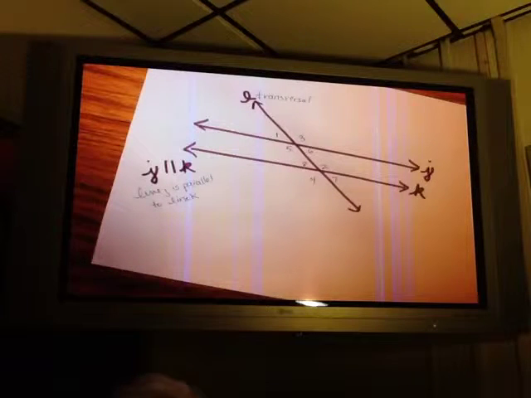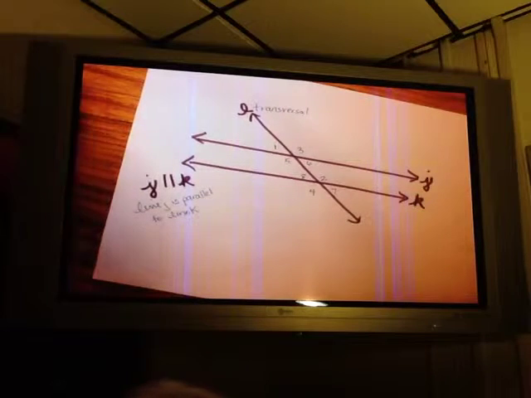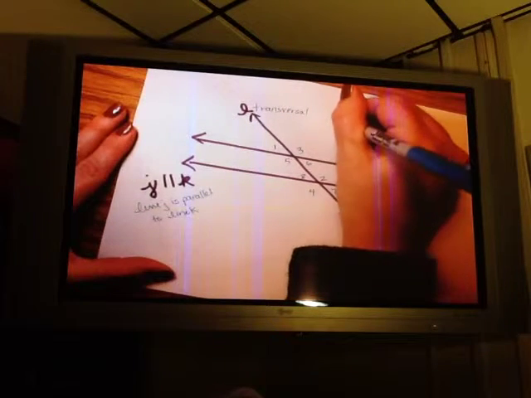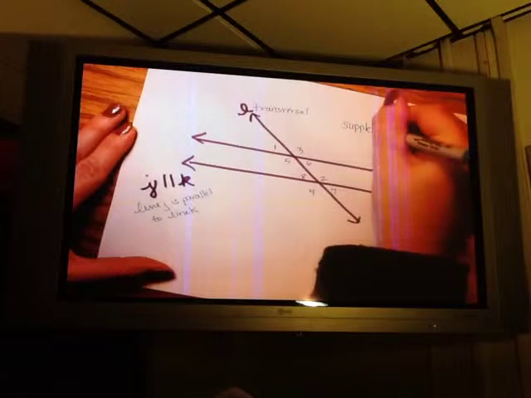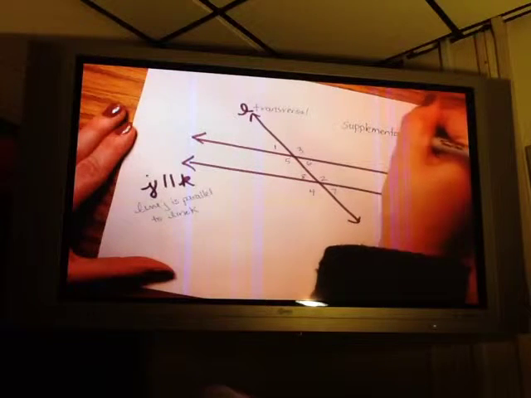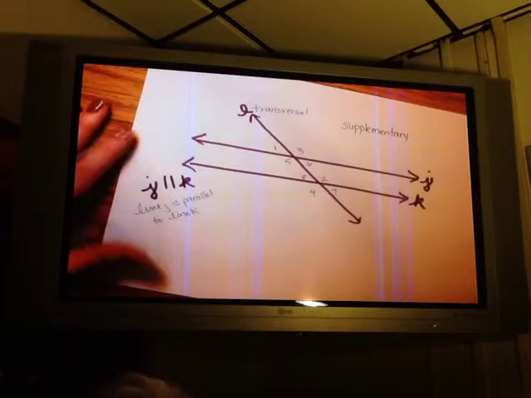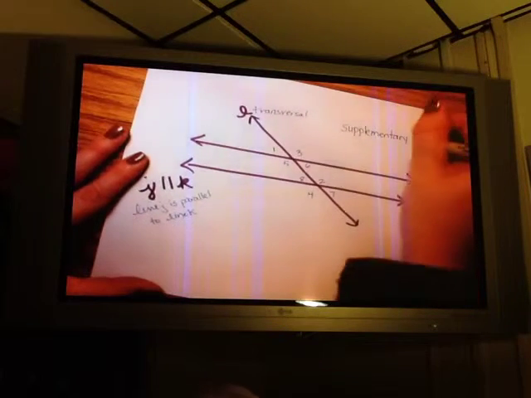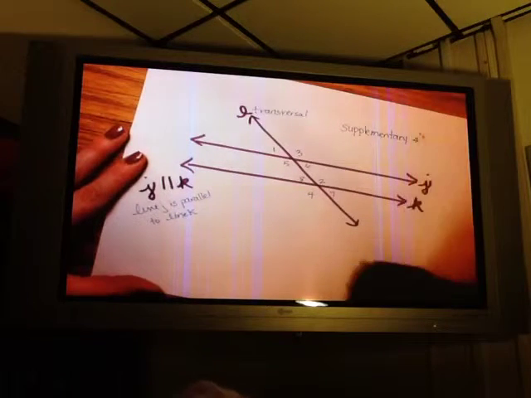Now, one of the terms that you should know from last year, and maybe even 5th and 6th grade, is this one, supplementary. For some of you that may not have heard it, it's been a while, or you've forgotten. Supplementary angles, and I usually put a little arc in mine. It's a habit.